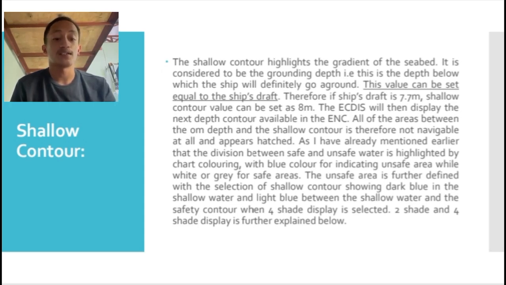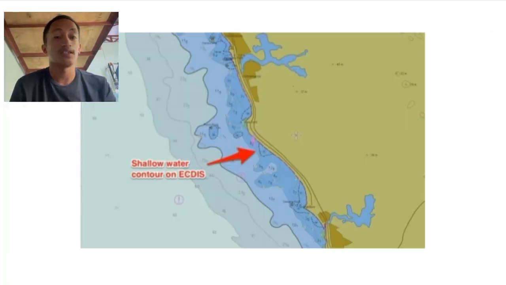The unsafe area is further defined with the selection of shallow contour, showing dark blue in the shallow water and light blue between the shallow contour and the safety contour when 4 shade display is selected. 2 shades and 4 shade display is further explained below. So as you can see in the picture with an arrow, that is the shallow water contour on ECDIS.